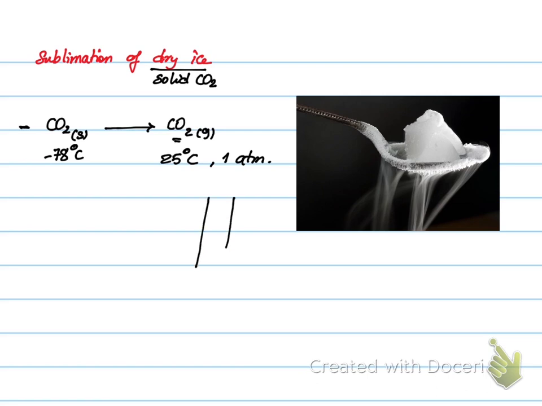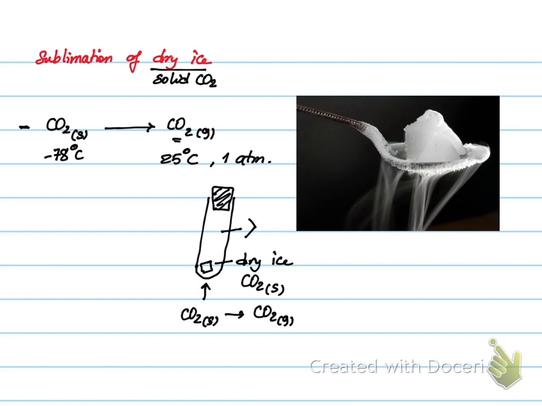The only way to see carbon dioxide liquid is to place dry ice in a sealed tube. So if dry ice, which is solid carbon dioxide, is placed in a sealed tube, and you start to heat the tube gently, first carbon dioxide solid will sublime to carbon dioxide gas, then the pressure inside the tube will increase greater than 1 atmospheric pressure.